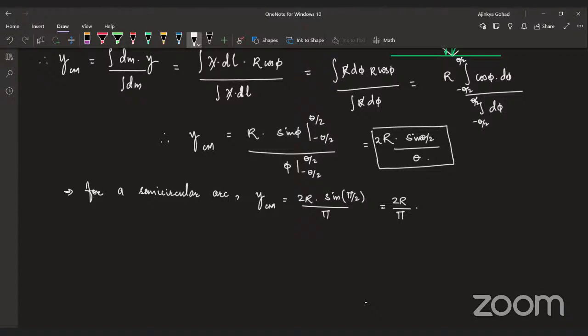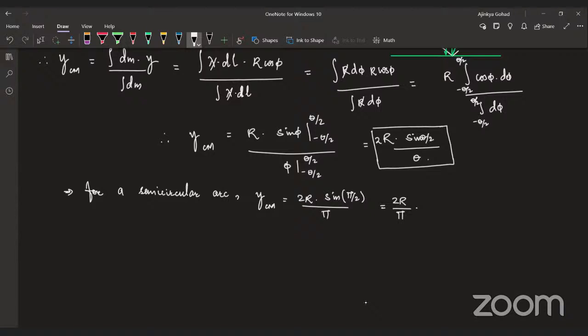And then using that you can find the position of center of mass for a semicircular arc, because that is one of the cases of a circular arc, right? So we can do that. All right. So this is the condition here for linear mass distribution.